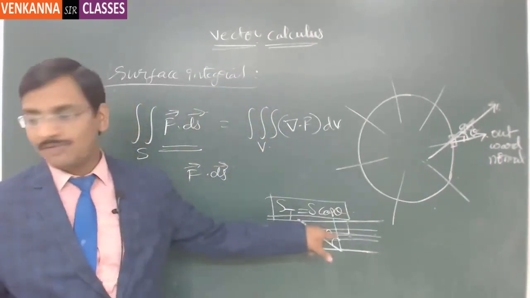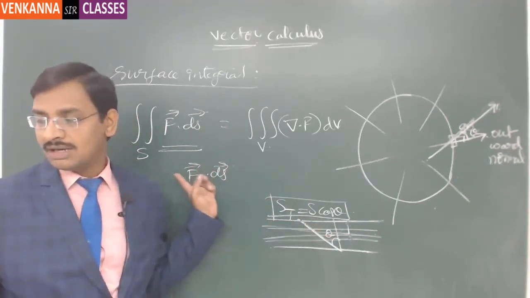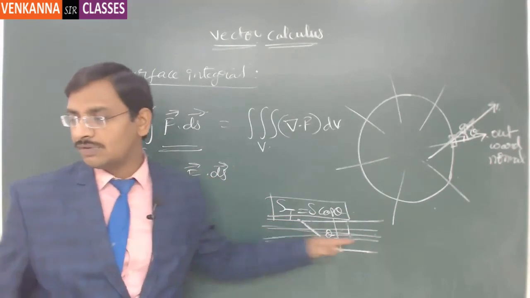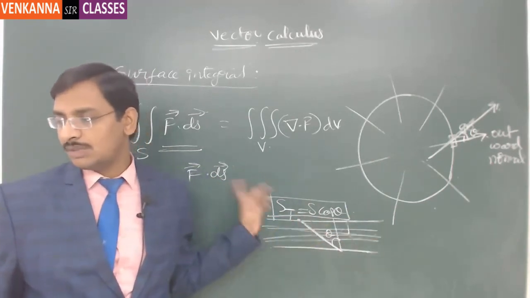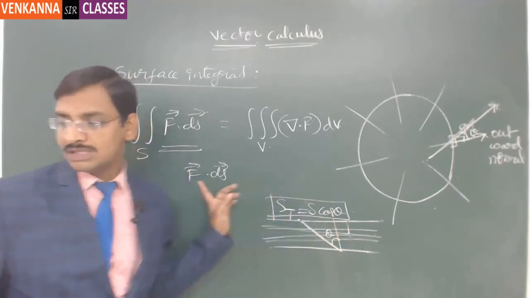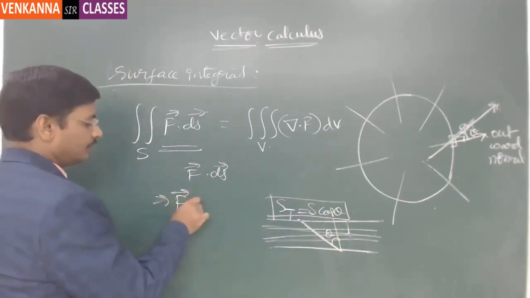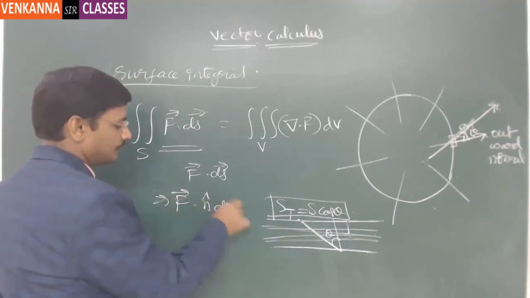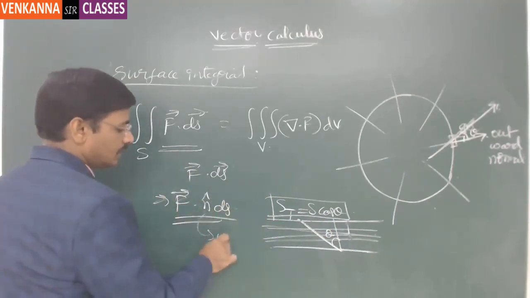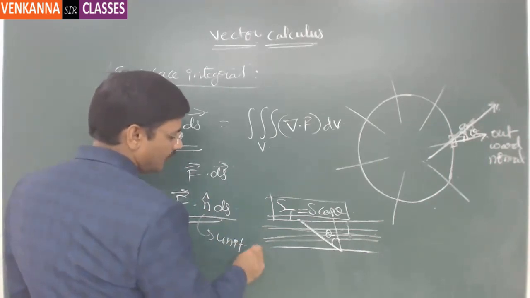That means this is the effective surface area. So this has to be decided by the direction of the force field. Let us say if the force field is like this, then we take the perpendicular direction. That means F dot dS is nothing but F dot n cap dS. So n cap is the unit outward normal vector.